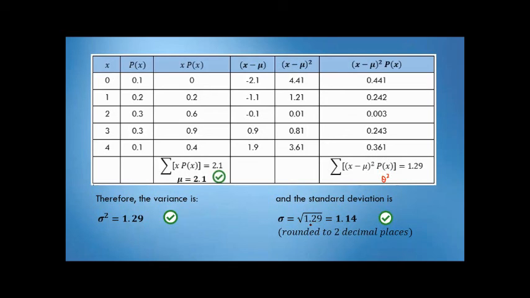Our variance is 1.29, and its square root is 1.14. Therefore, our standard deviation is 1.14. So we have the expected value, variance, and standard deviation. That is the computation for example number 3 of mean, variance, and standard deviation.